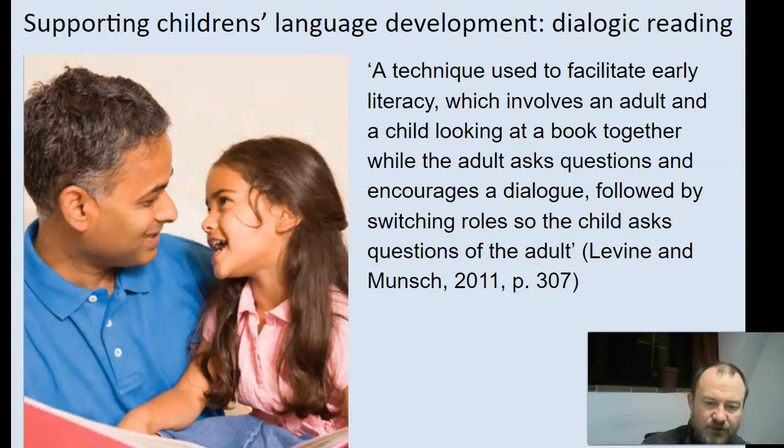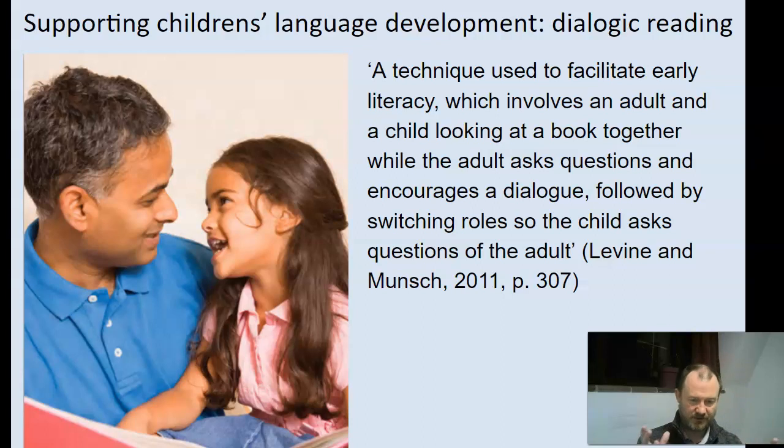So, how can we ensure that the children from impoverished backgrounds, the children of parents who didn't go to university, don't fall behind those learners of parents who did go to university from wealthier backgrounds?